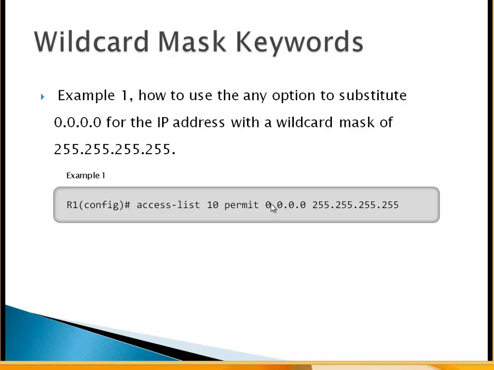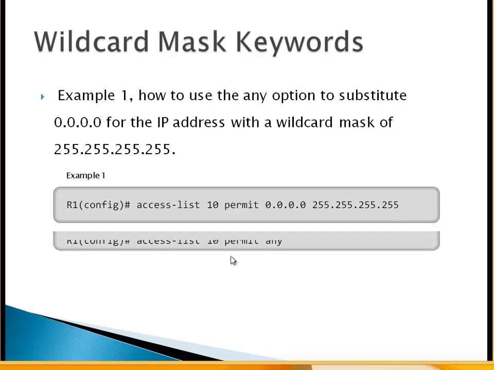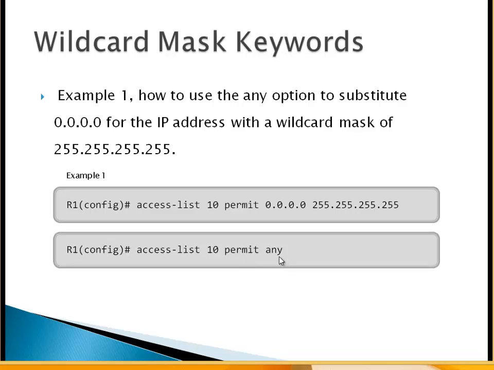It could be any numbers, 1, 2, 3, 4, 5, 6, 7, 8. Whatever numbers are here, we don't care. We're ignoring all of them, so anything is matching. If you're matching anything, you don't need to type all this because we are a bit lazy. You can just substitute the word any. Access list 10, standard, permit any.